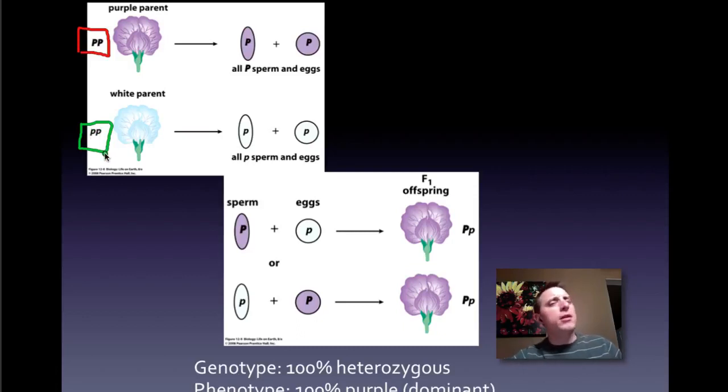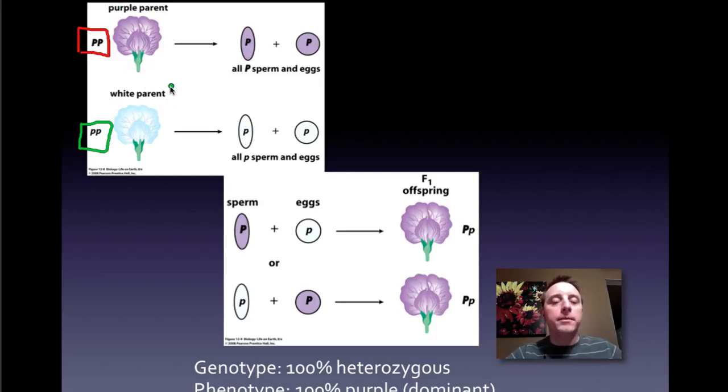The letters that we use aren't overly important, though I will say it's a very good idea when you're doing genetics problems to pick letters that look different in the capital and lowercase form. So P, probably not the best choice, but it's what we're using here in these figures, so we'll just go with it.